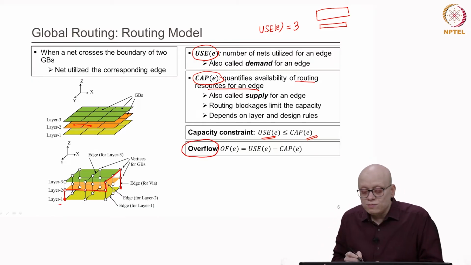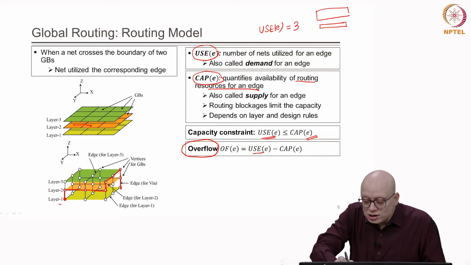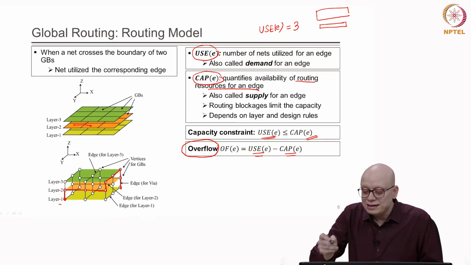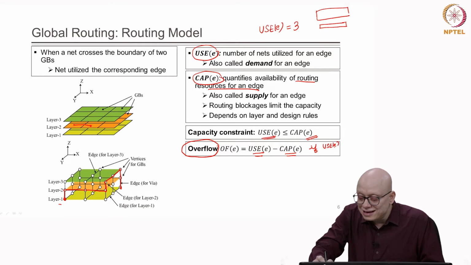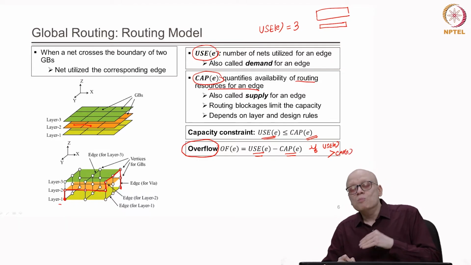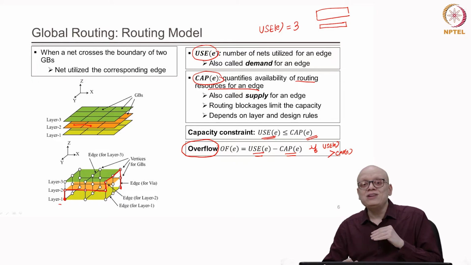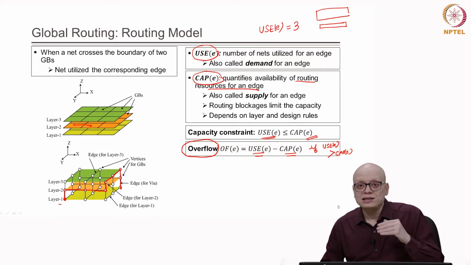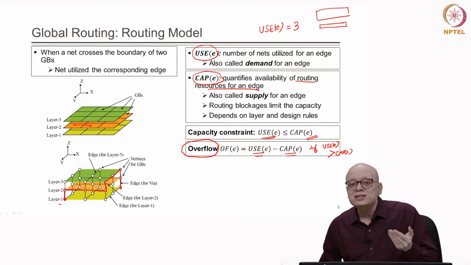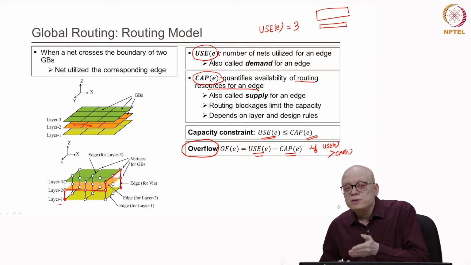We define overflow as use minus capacity, if use is greater than capacity. So, if we are using more than the capacity, then there is an overflow, and this is not a good condition.